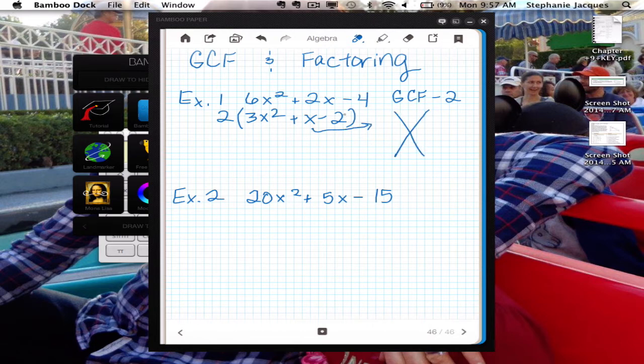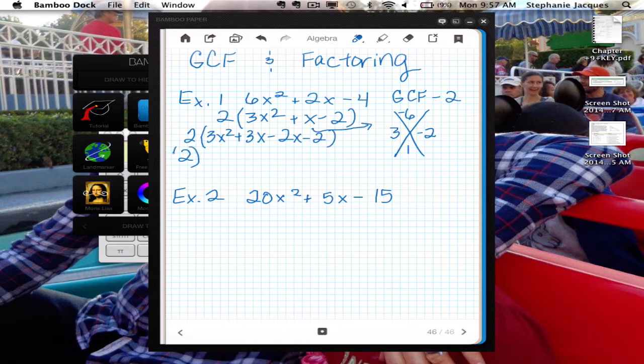So I'm going to do negative 6 and positive 1. So I would get a 3 and a negative 2. And I still leave my 2 on the outside, but now I'm going to do all the rest of my work. So I go 3x squared plus 3x minus 2x minus 2. And then I do my covering up.